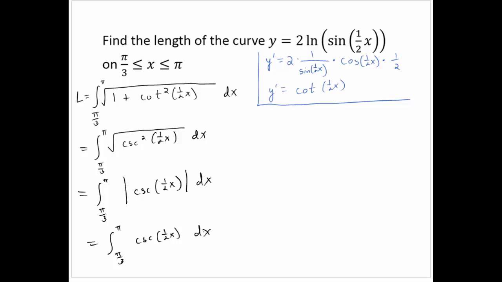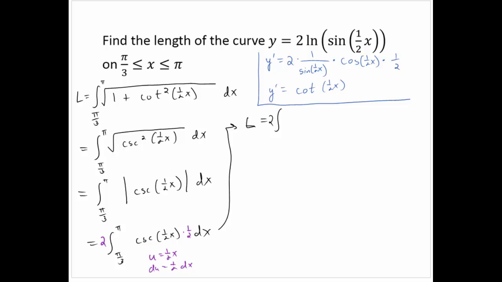Now, I think I can evaluate this integral by using a substitution. If I let u equal 1/2 x, then du is 1/2 dx. So I would need a 1/2, and that would mean I would need a 2 outside the integral. So then the arc length would be twice the integral, and it shouldn't be from pi over 3 to pi anymore because I made the substitution.